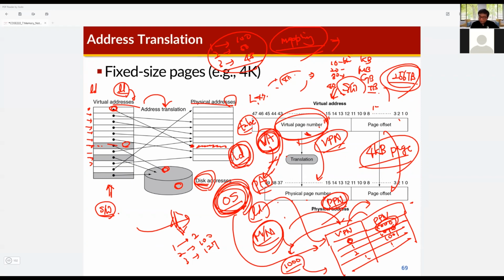Okay, so this mapping information is stored in the physical memory with some table structure, and this table is called the page table. Okay.